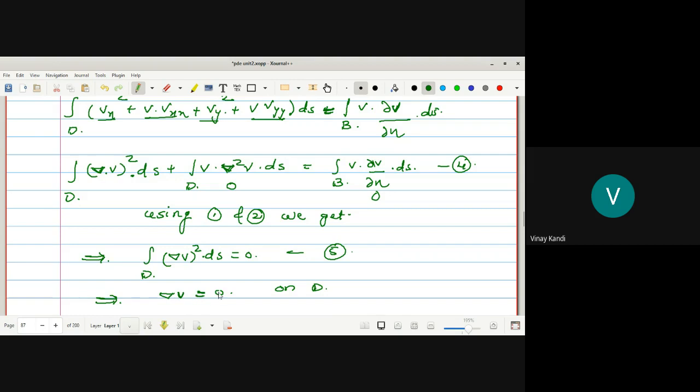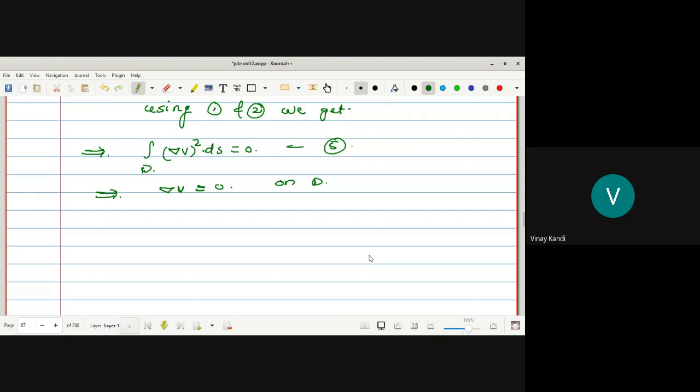Okay, what is the del of the term? Del is nothing but the differential: dou by dou x plus dou by dou y plus dou by dou z, depending on the number of independent variables.